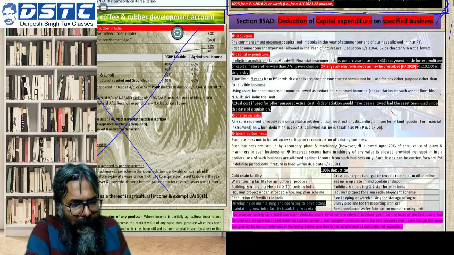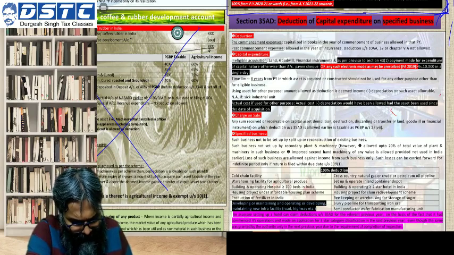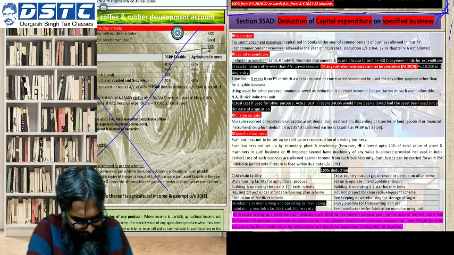Again, students, you will find here the deduction is in respect of what? Is in respect of capital expenditure, students. So in this context, the deduction is in respect of the capital expenditure.